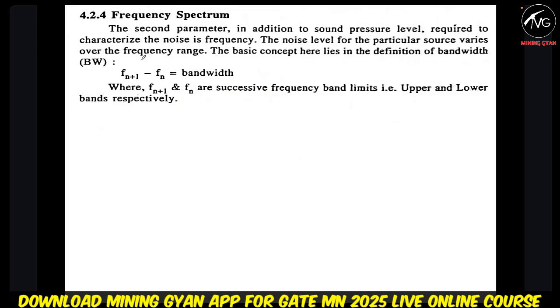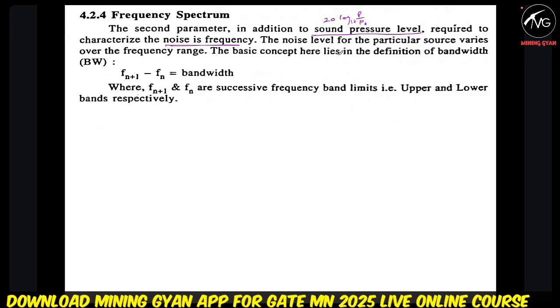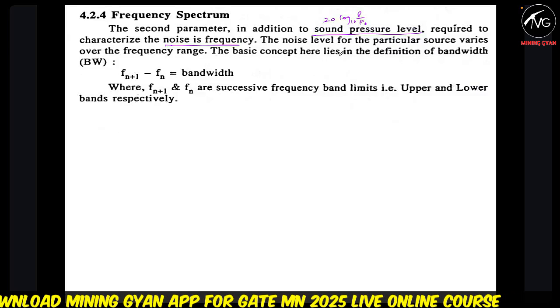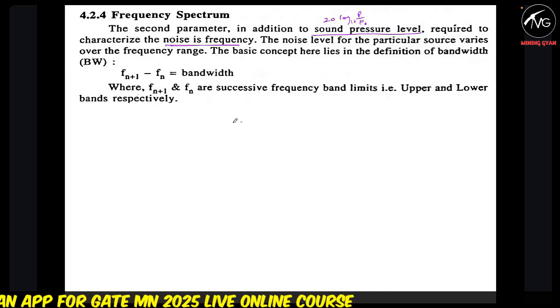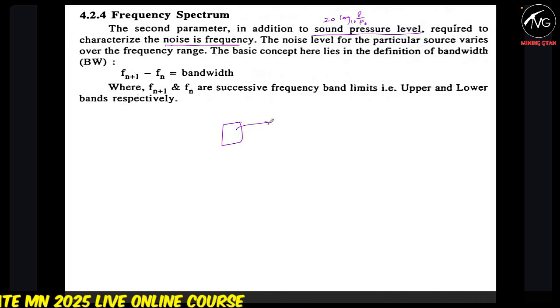Come to frequency spectrum, the second parameter in addition to sound pressure level. Sound pressure level, what was the formula? 20 log 10 base P by P naught. So what is required to characterize the noise is the frequency. The noise level for a particular source varies over the frequency range.